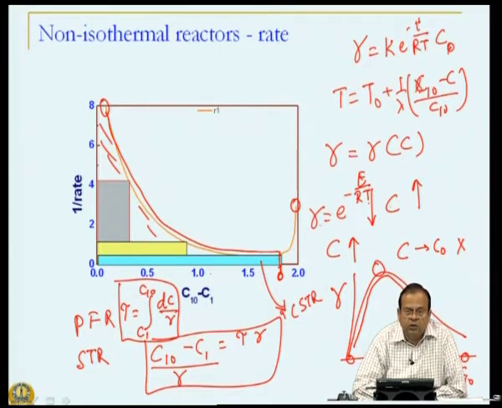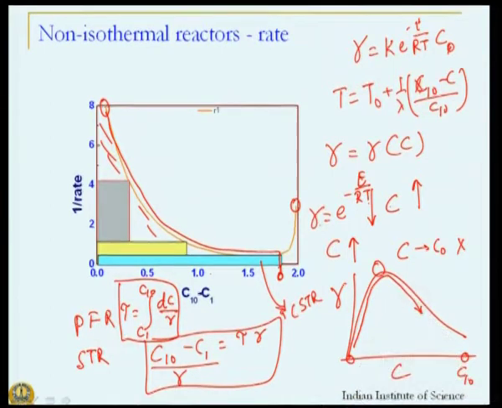For the same reason, in a CSTR, increase in temperature will be instantaneous. So, the reaction rate will go to a high value almost instantaneously, whereas in a plug flow reactor, the increase in temperature will be gradual. So, increase in rate also will be gradual. As a result, in a stirred tank reactor, the residence time will be much shorter than the plug flow reactor.